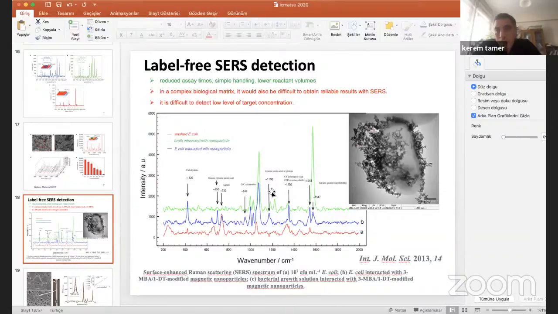But it is not possible to analyze the bacteria in a complex system using the label-free SERS strategy, because this signal is an array signal, and all the other species may contribute to it. Because of this reason, we prefer the labeled system actually.